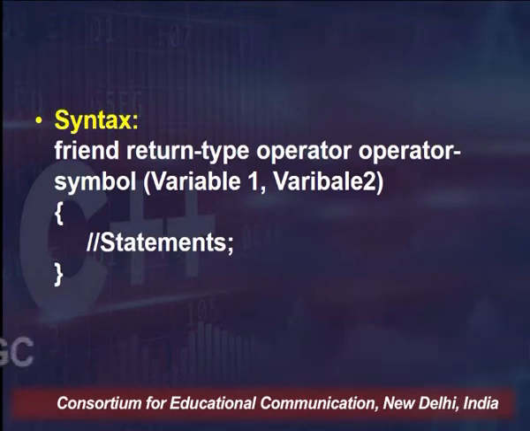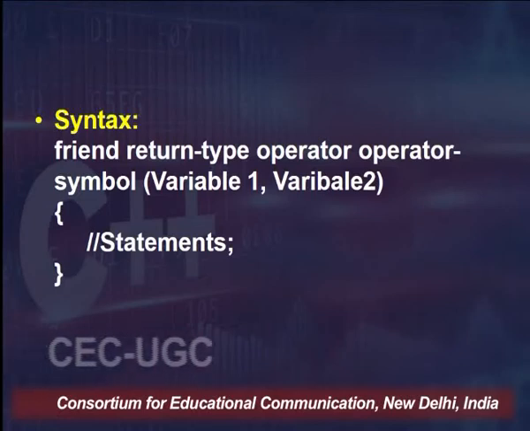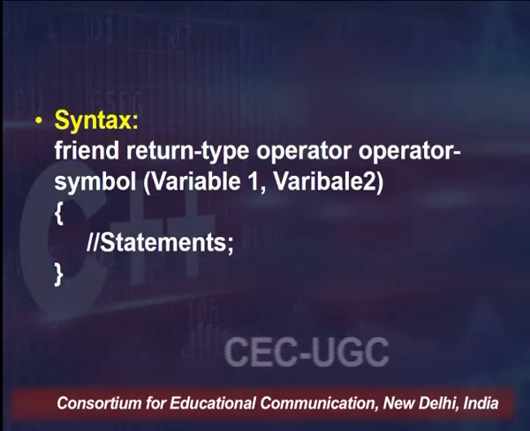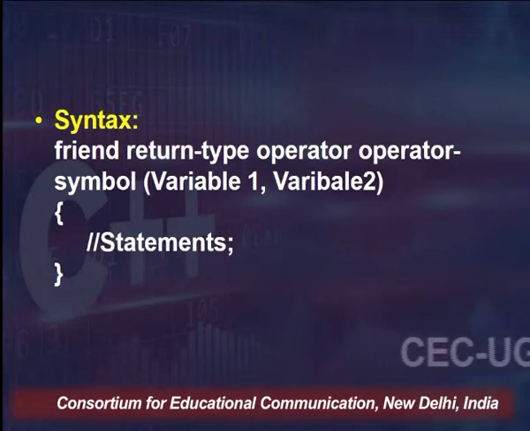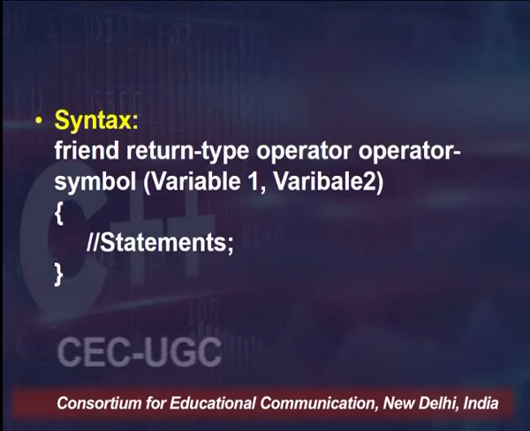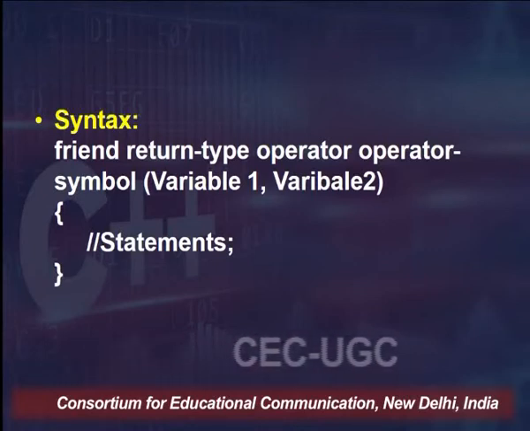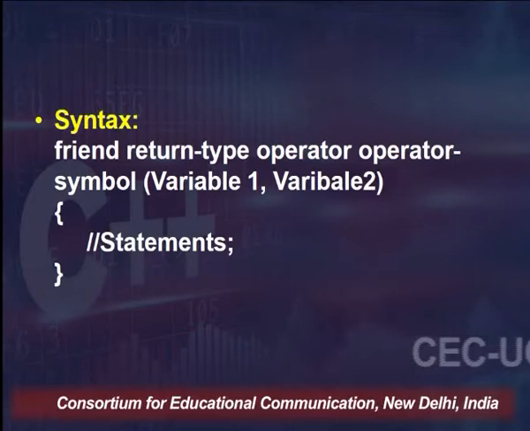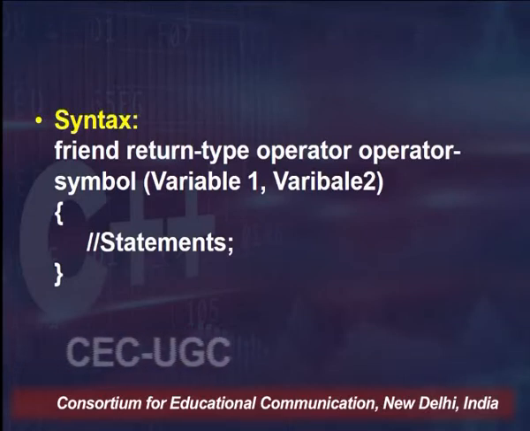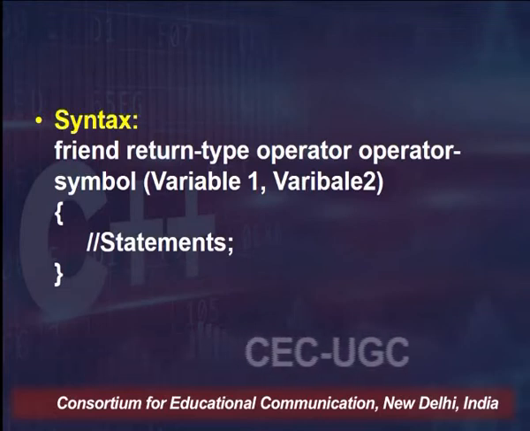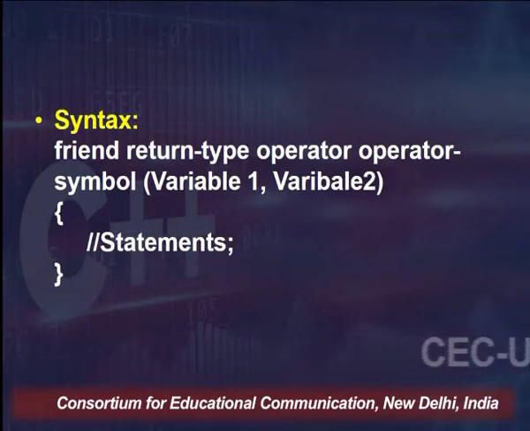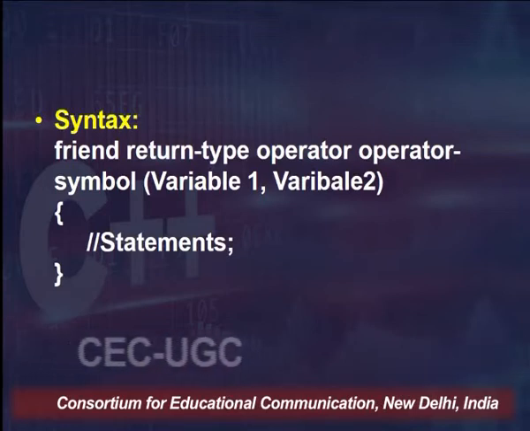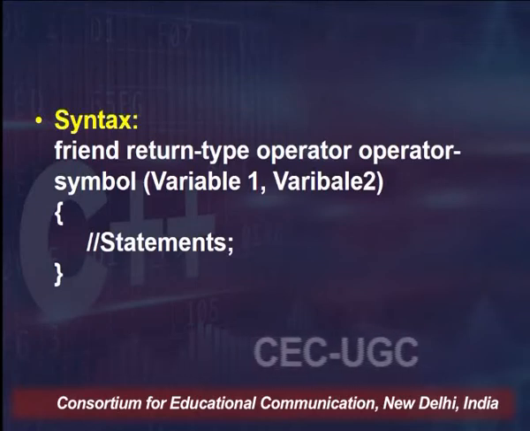If we consider a binary operator, then there are two variables, variable 1 and variable 2, and then the code within the function. Looking at the syntax, in the case of member functions we did not have the keyword friend. Here, in the case of friend functions, we have the keyword friend, then the desired return type, and then the operator keyword followed by the symbol of the operator to be overloaded.